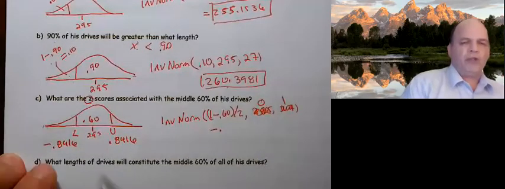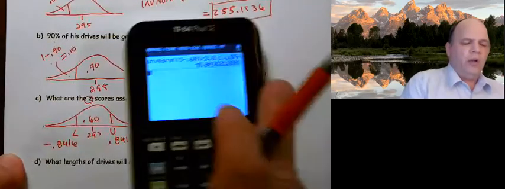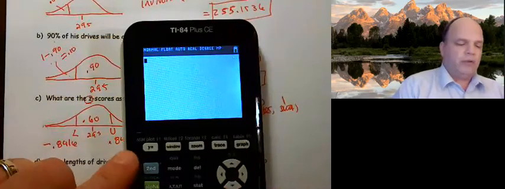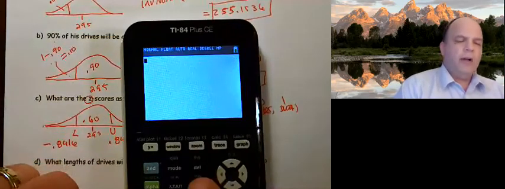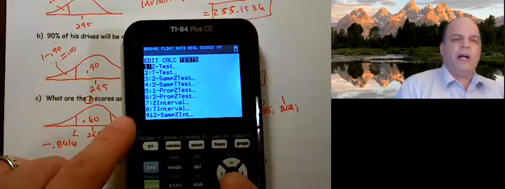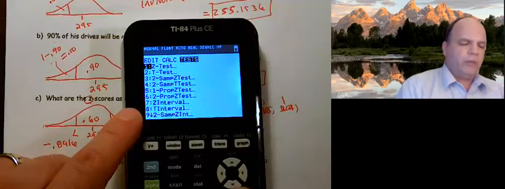0.8416 by symmetry. Now, there is another way to do this, and it may be easier for you now that you've learned how to do confidence intervals. So try this out. You may like this better. We can go stat, test, and we can drop down to number 7, which is z-interval.